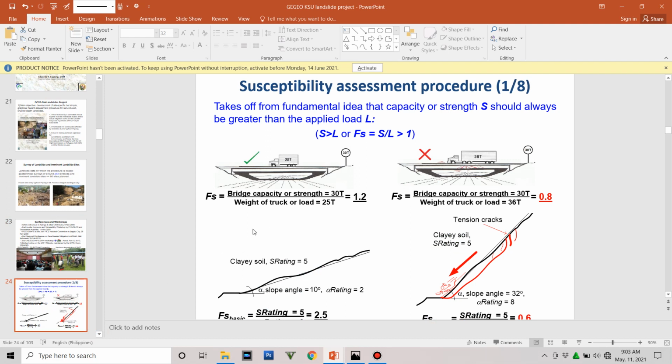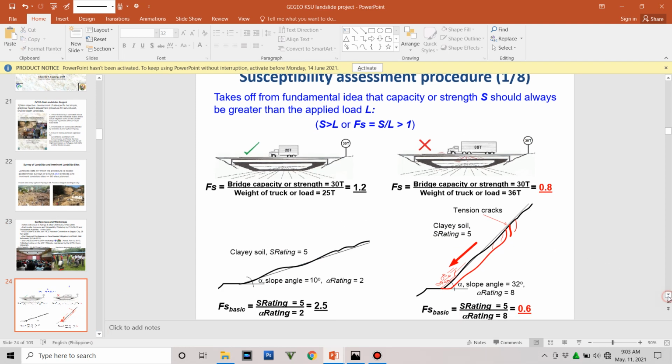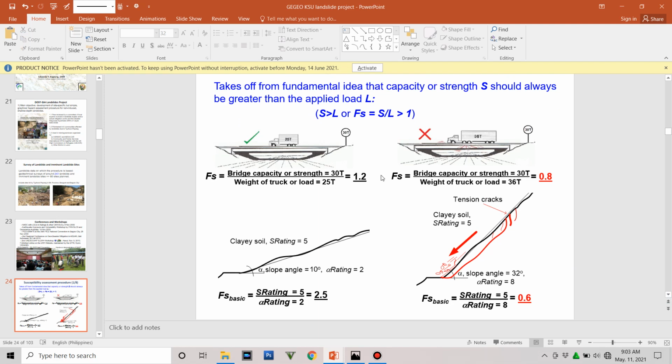So moving on to the concept. It takes off from the theoretical concepts of the factor of safety. Here we can see a simple illustration wherein the factor of safety is the capacity over the loading. It cannot be that the loading is greater than the capacity.